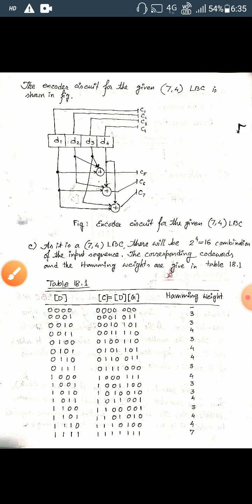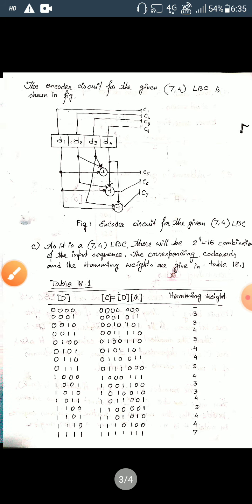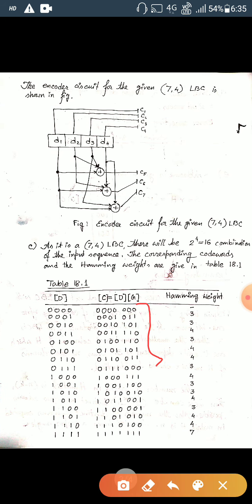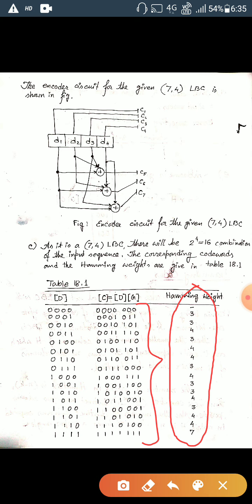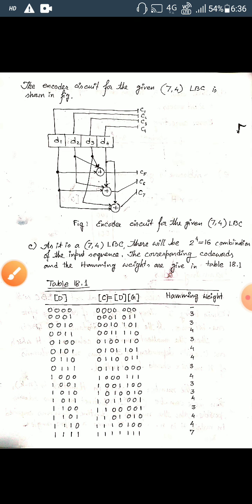So from this table, for each individual code word you can identify the Hamming weight. And from these Hamming weights, which one is the minimum value? Obviously from this chart you can see that 3 is the minimum value, and for this reason, for this code, the d min or minimum Hamming distance will be 3.